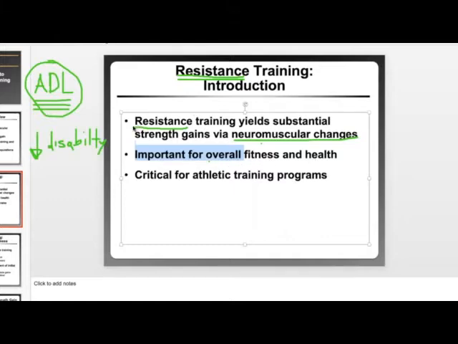And now, not only do we want to keep our aging population healthy, but in a course that's titled Exercise Physiology, we may also want to consider how we would adapt our training programs so that our athletes can also improve their sport performance.